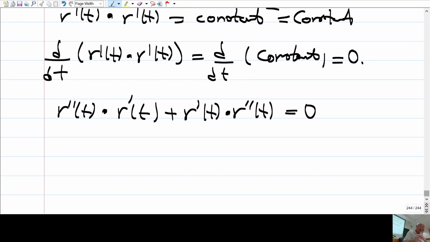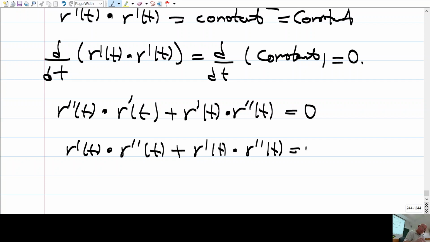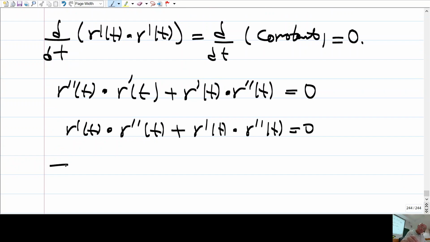However, dot product is symmetric, so a dot b is the same as b dot a, right? Therefore, I can write this as just r'(t) dot product r''(t) plus r'(t) dot product with r''(t). This means r'(t) dot product r''(t) is 0.